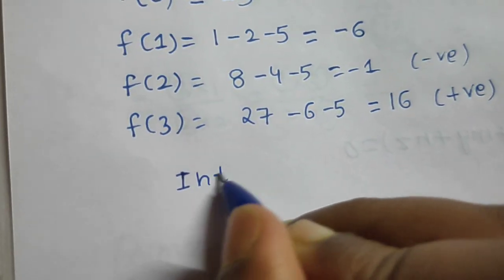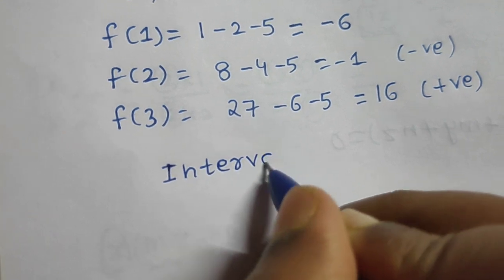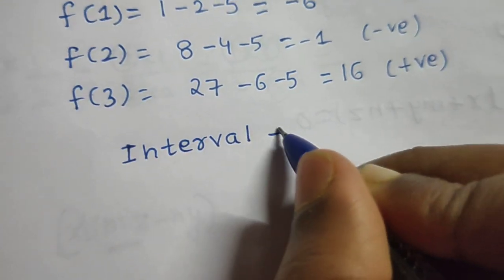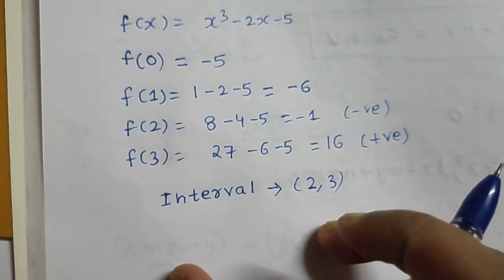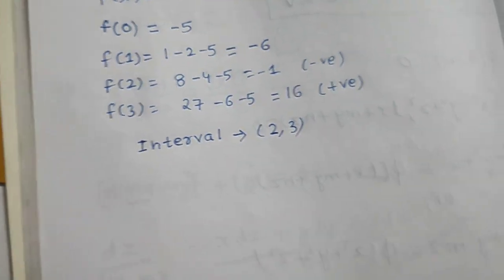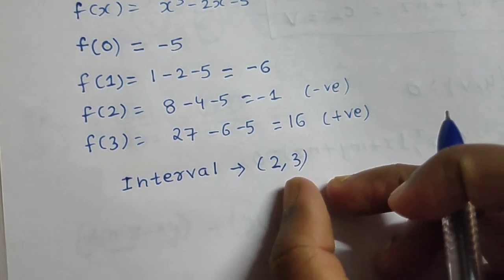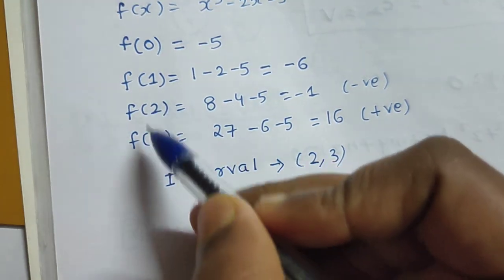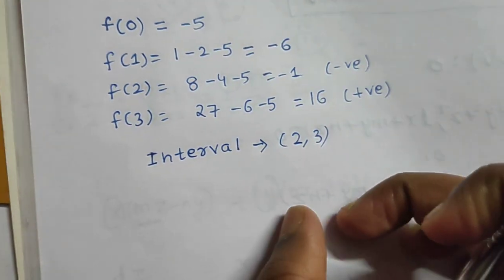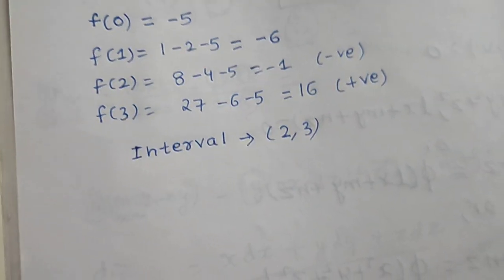Now it's up to you whether before starting iteration you want to further shorten this interval or not, because you can do that so that you have to do a lesser number of iterations. If I further shorten this interval by choosing some more values between 2 and 3, then the interval will be shortened and the number of iterations will reduce.